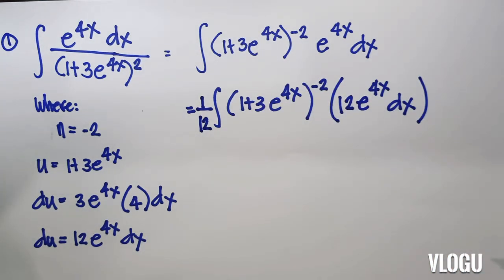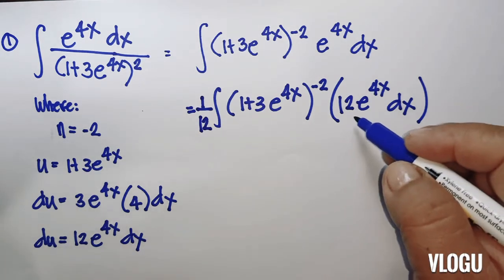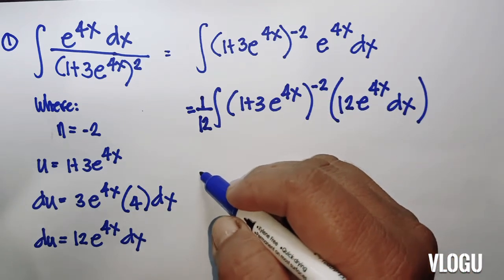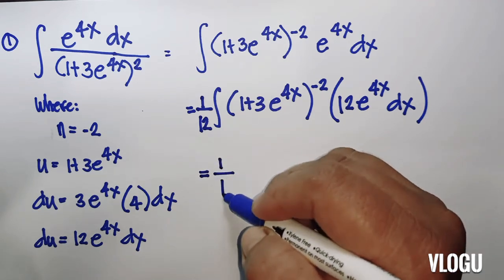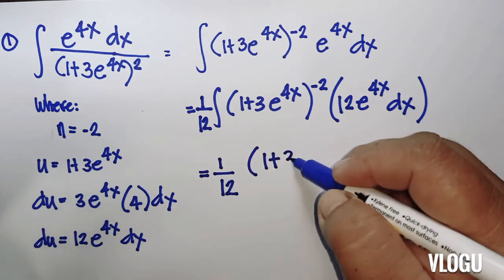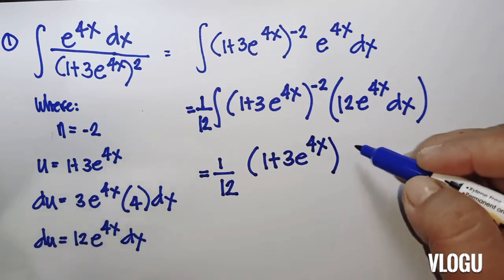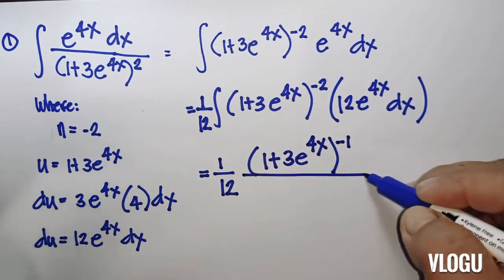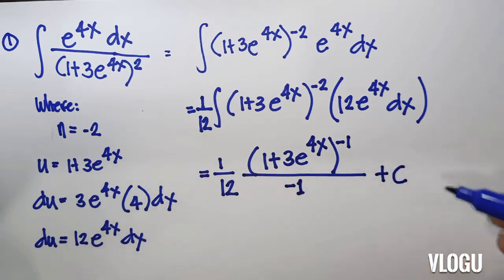So we have now a complete form, that is, we have our du and u to the n. From that, we can proceed to 1 over 12, (1 plus 3e to the 4x), negative 2 plus 1, that is negative 1, over negative 1 plus c.